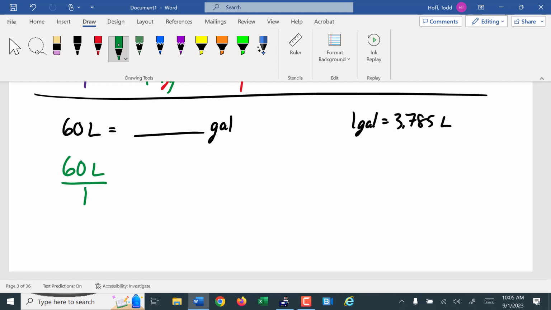Put our 60 liters over 1. What's going to go in our conversion factor again? Liters go on bottom. The 3.785 liters goes on bottom. The 1 gallon will go on top.